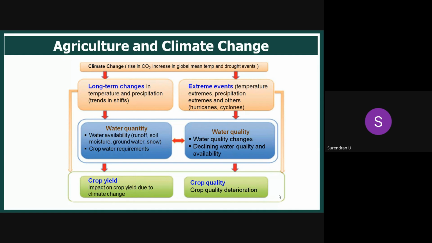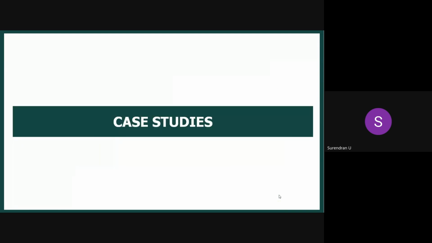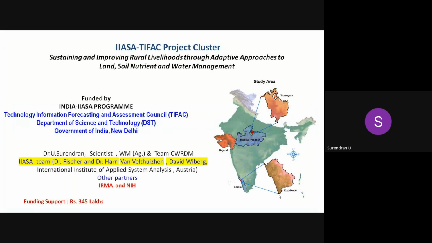Then coming directly to agriculture, there is a direct impact on the crop yield as well as crop quality. This has to be scientifically proven, how this is happening. So we did a few case studies, which I'll be presenting now. This is one study funded by TIFAC, the Technology Information Forecasting and Assessment Council of the Government of India.